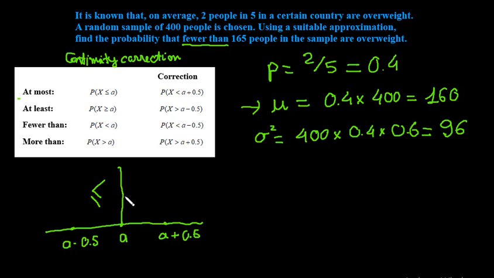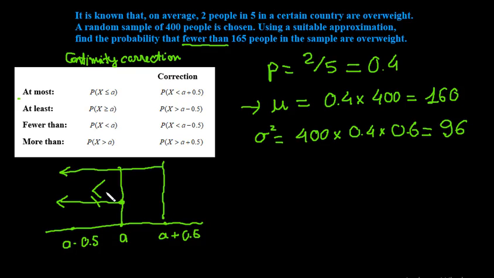To make it correct, if I have something smaller than a plus 0.5, I can ensure that all my values will be smaller than or equal to a.